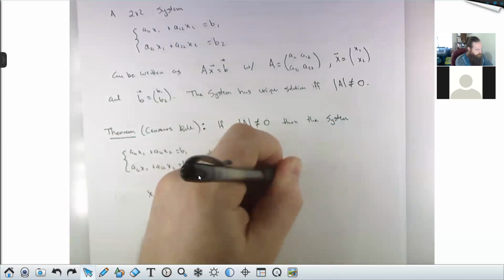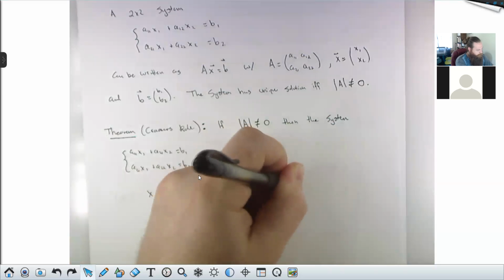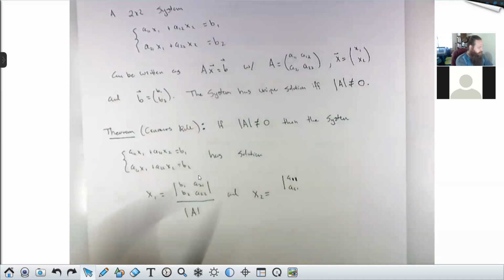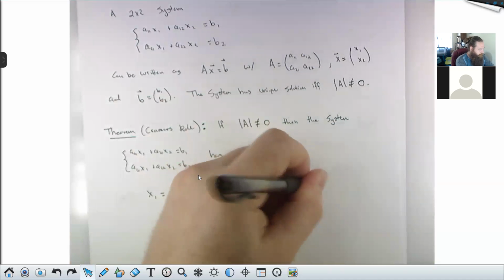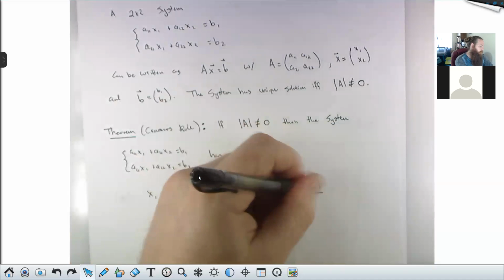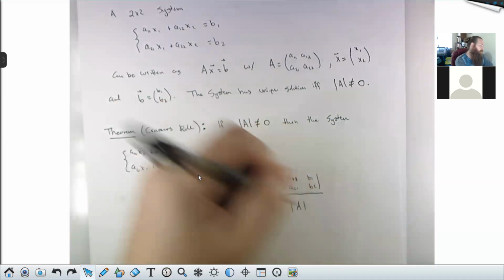So the first column stays the same, A11, A21, and then B1, B2, and then divide by the determinant of A.